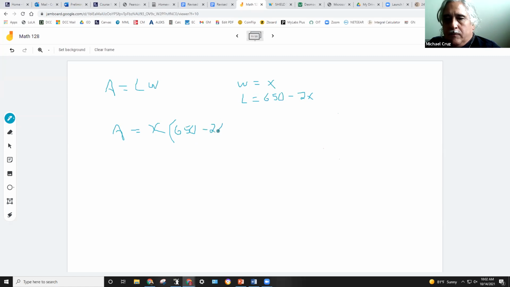minus 2X. Okay, so that's the quadratic that represents it. So the way we find the values of the length and the width is we just set it equal to 0.